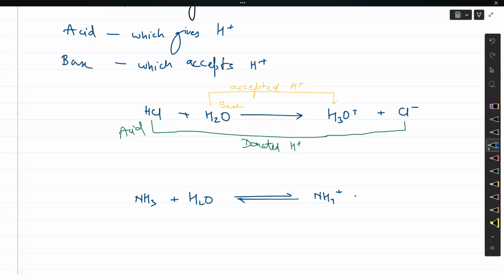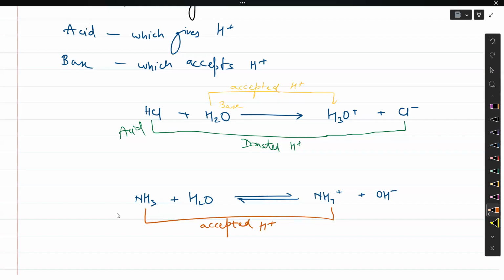This will form NH4 plus OH minus. So let's see one by one what will happen. NH3 has accepted H plus, right? है ना? So NH3 is acid or base?